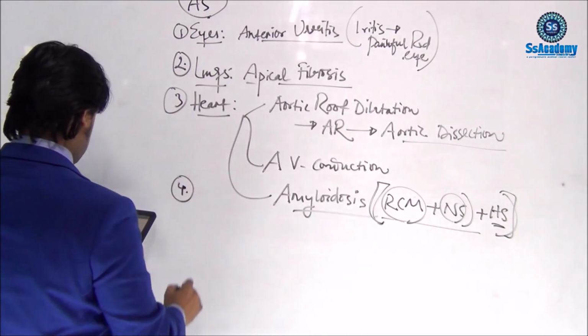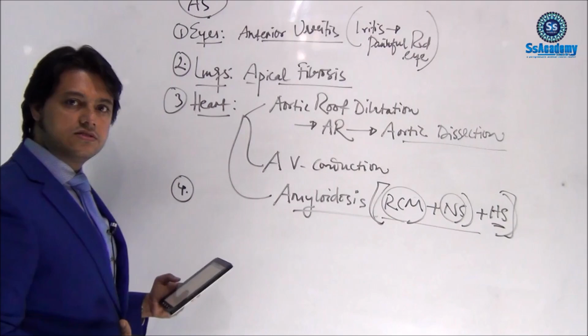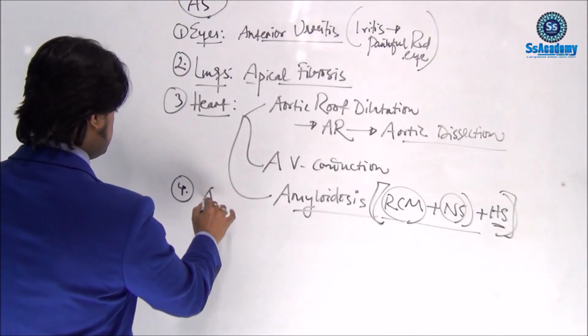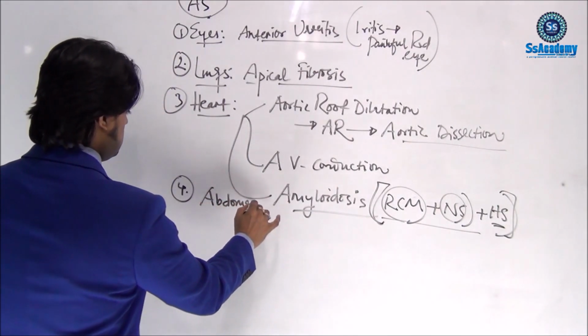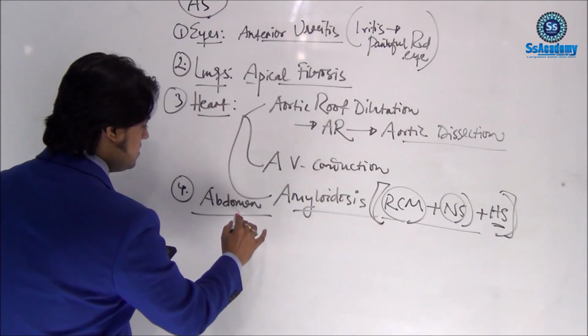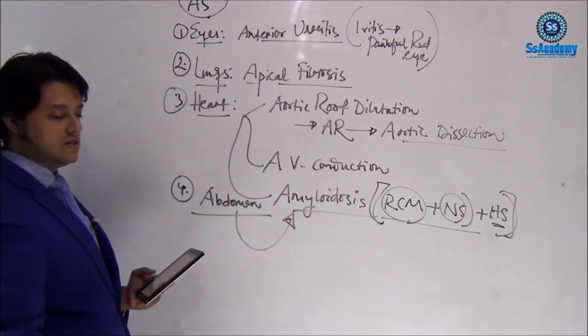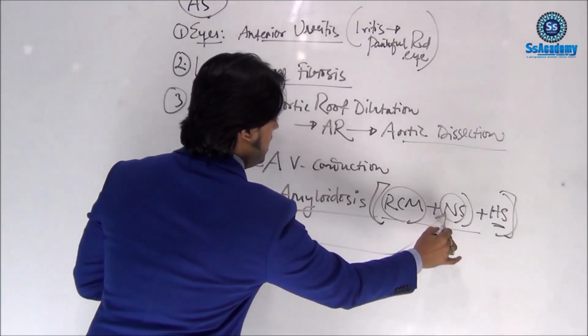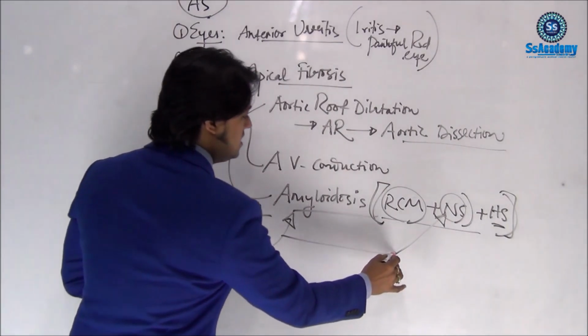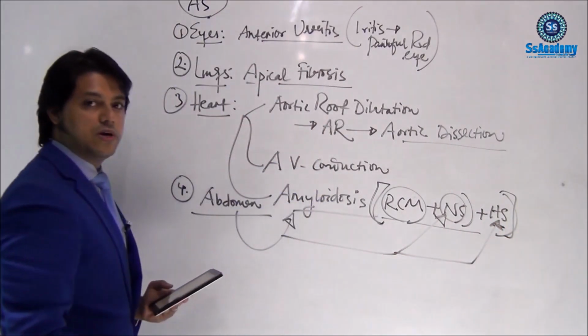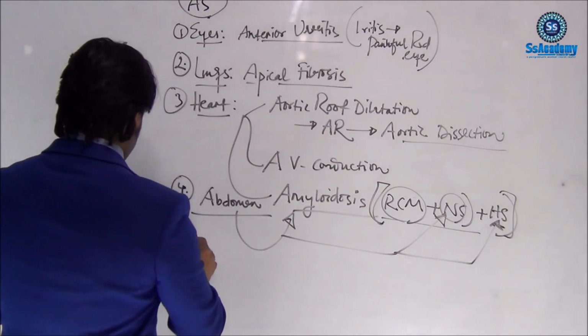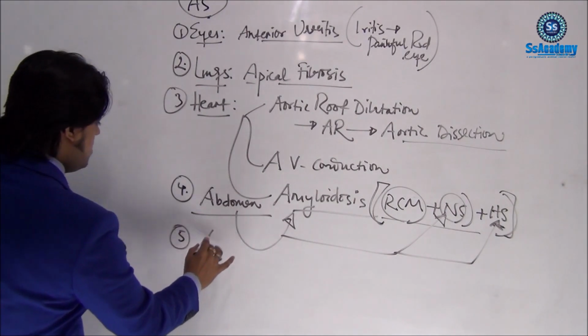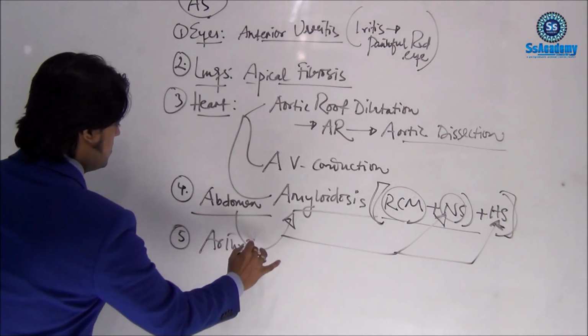Number 4. Then go down once again to the abdomen. On the abdomen once again we can write amyloidosis, as amyloidosis will have the nephrotic syndrome in the kidneys as well as the hepatosplenomegaly. Then number 5, A for arthritis, joint involvement.